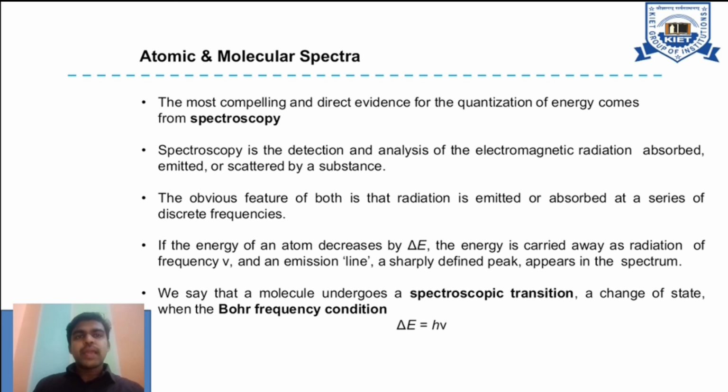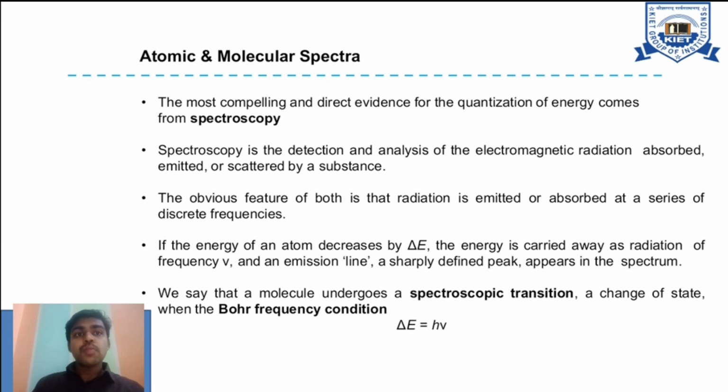So atomic and molecular spectra. In dealing with this blackbody radiation, the most compelling and direct evidence for the quantization of energy comes from spectroscopy. Spectroscopy is the detection and analysis of electromagnetic radiation absorbed, emitted or scattered by substances. So this is our major basic formation of atomic and molecular spectra, because in the modern agenda they are framing and detecting the analysis of electromagnetic radiation, whether it is absorbing, emitting, or scattering.